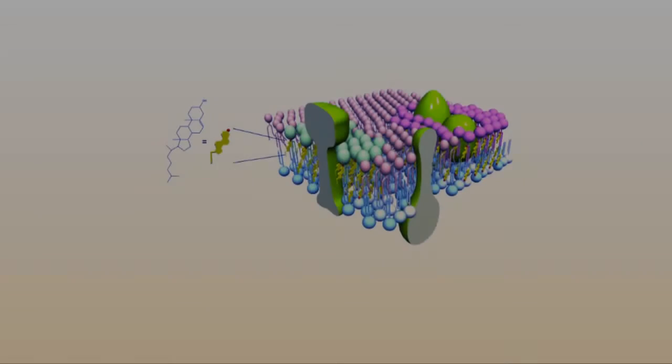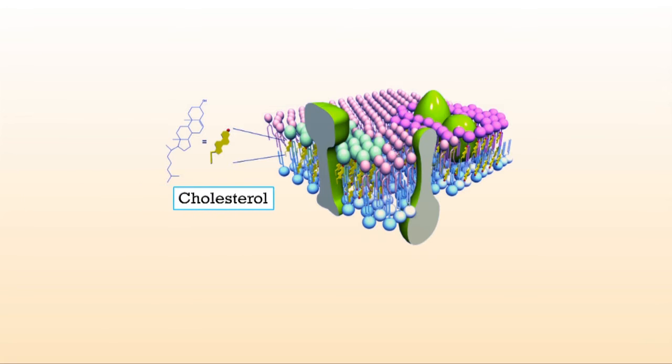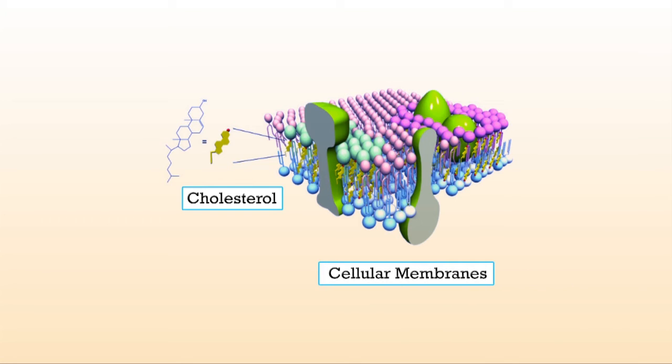Such segregation of the lipids with different fluidity in the bilayer may influence the curvature of the membrane. However, unlike phospholipids, cholesterol is relatively evenly distributed in both leaflets of cellular membranes.